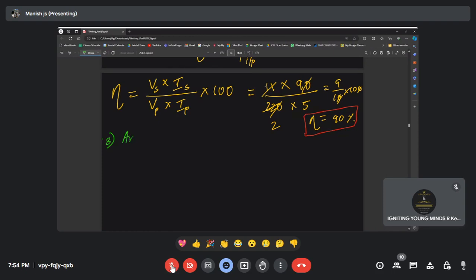An LC circuit contains a 40 millihenry inductor and a 25 microfarad capacitor.